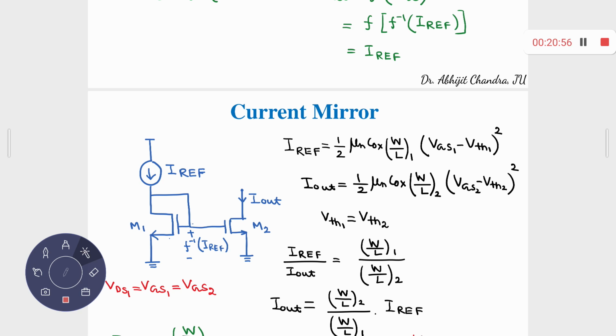Here you don't have any dependence on temperature or on the supply.